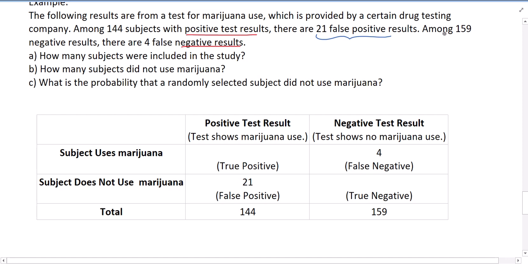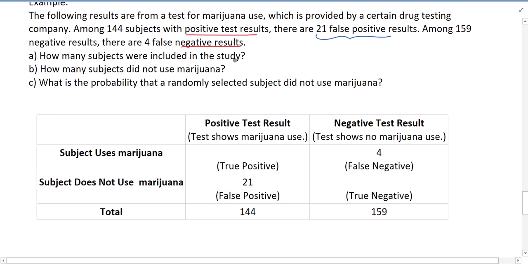Now for the other one, there were 159 negative results. So my total for negative results is 159. And there were four false negatives. So what does it mean to be a false negative? That means that they tested negative, but they were actually using the drug. So then I put it there.